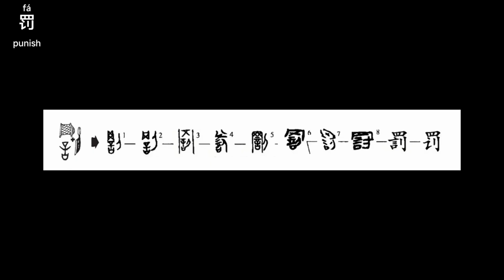And on the left bottom side, it's the speak radical. It represents when you sentence it, you speak it out. At the right bottom side, it's the knife radical, which represents people use tools to punish people. So that's the rough story of the 罚.